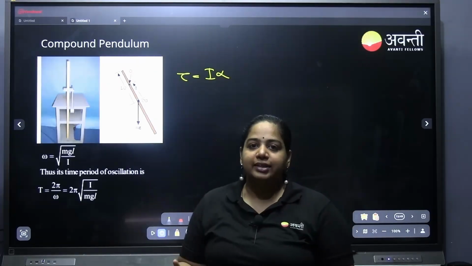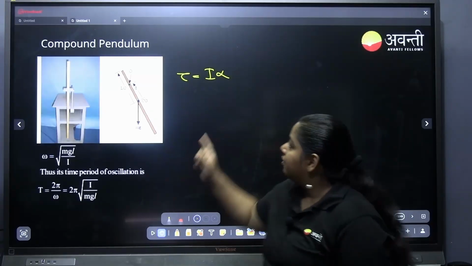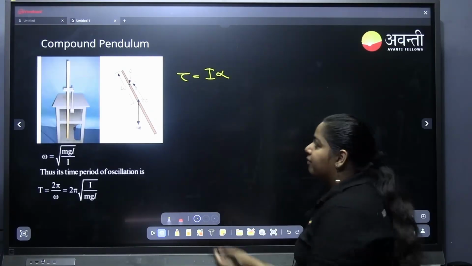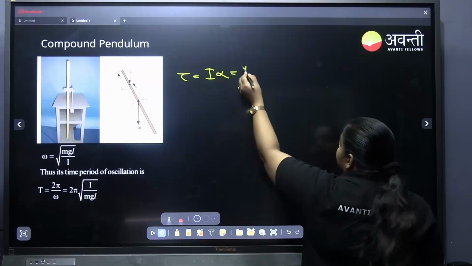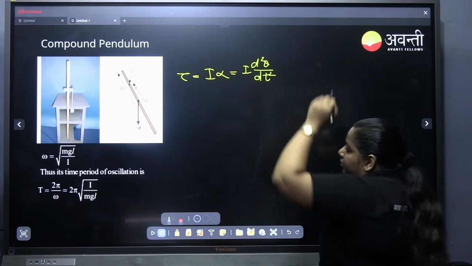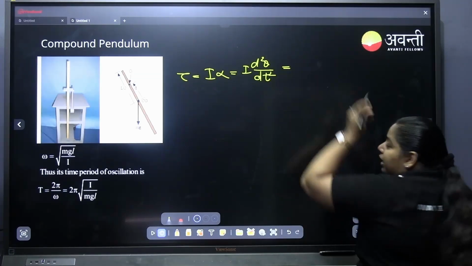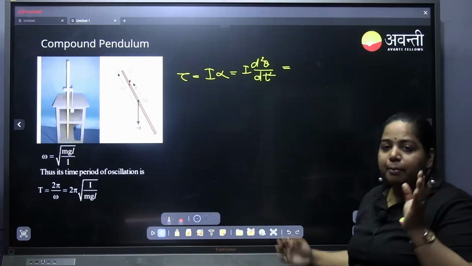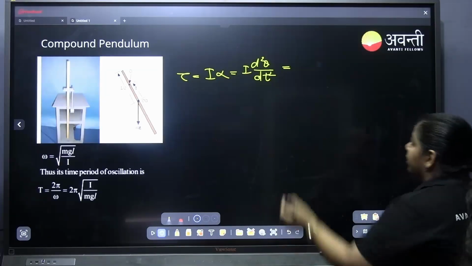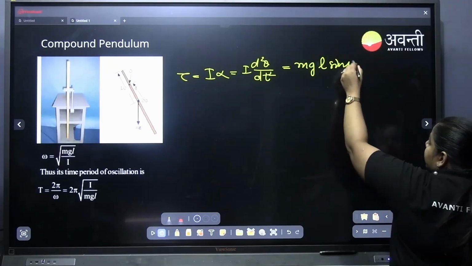So since I can vary, we will not substitute that. We will just write it as I d square theta by dt square. And on the RHS, same as we took in the simple pendulum, m g l sin theta.